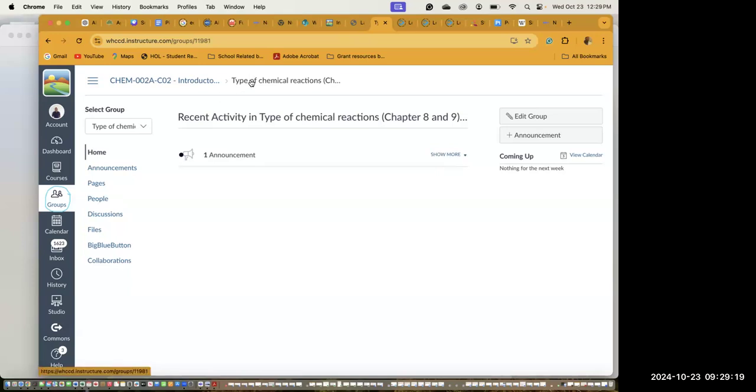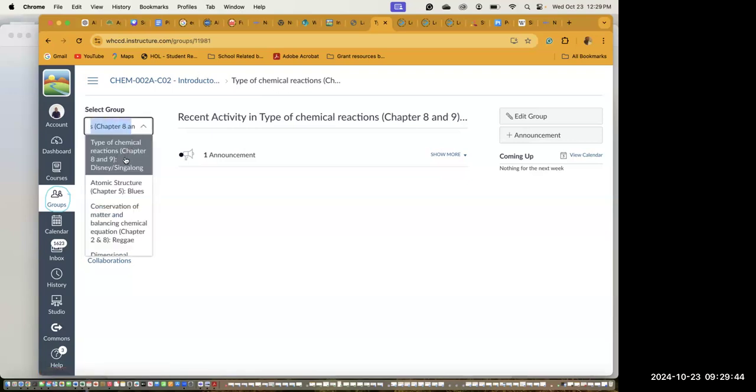So the name of your group is, let's see, type of reactions, chapters 8 and 9, and then let's see your genre. Your genre is Disney sing-along. So your group project consists of 3 parts that you're going to have to do and work as a team to build. One of them is a parody.